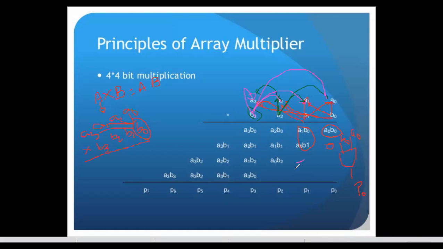See these two things. First, I have to give one AND gate whose inputs are B0 and A1. The second AND gate's inputs are A0 and B1.